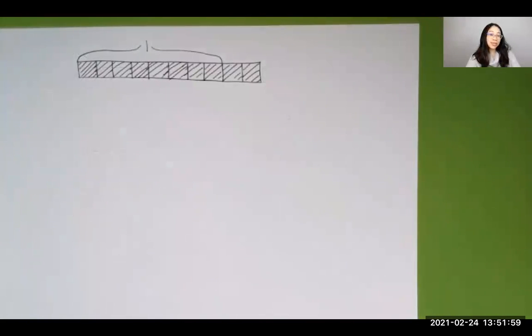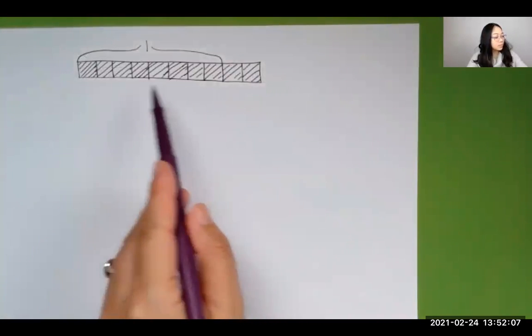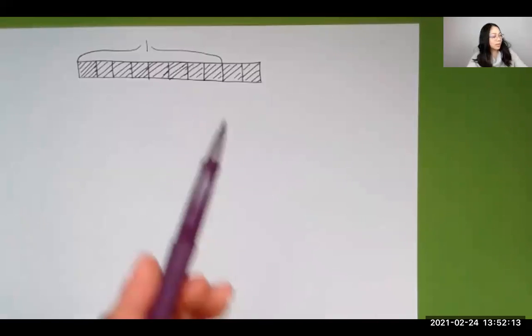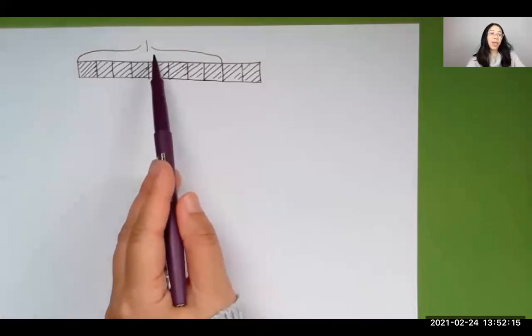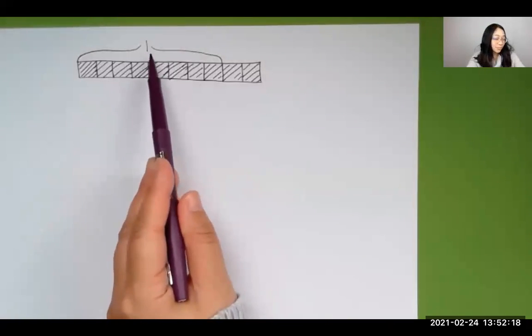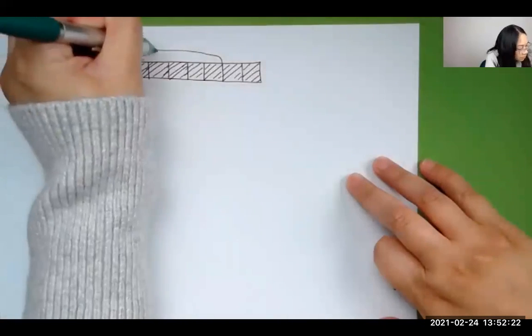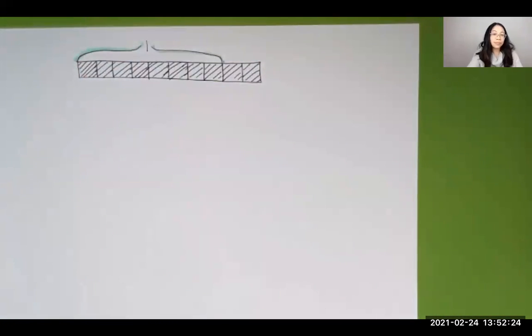What fractional unit does this tape diagram show? We can see that there are 10 parts shaded in. So maybe you're thinking it shows tenths. But look here. We identify 1 here. How many units is 1 partitioned into?